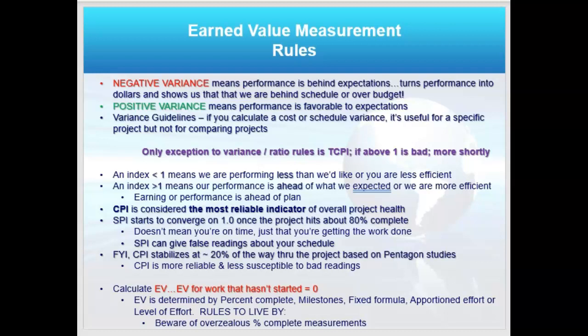I do like CPI as the most reliable indicator because SPI begins to converge back to 1.0 towards the end of the project. Remember, if you're building a house, you might be 3 months late, but eventually that house gets built and the schedule index comes back to 1.0.